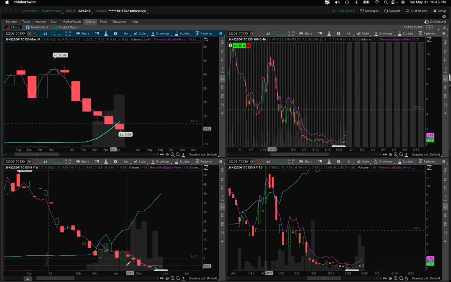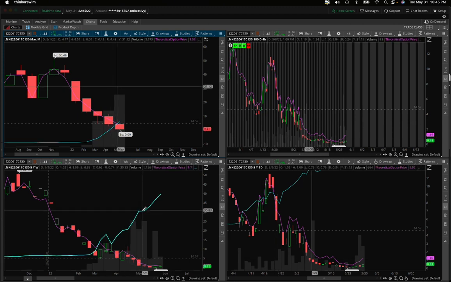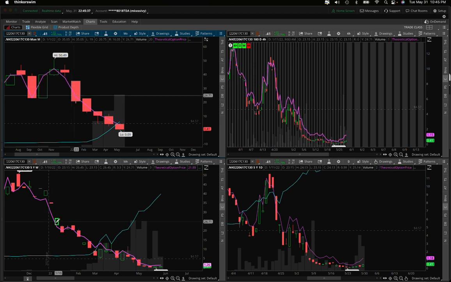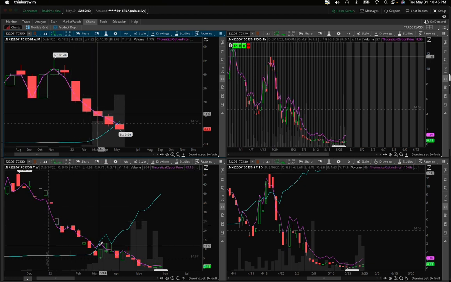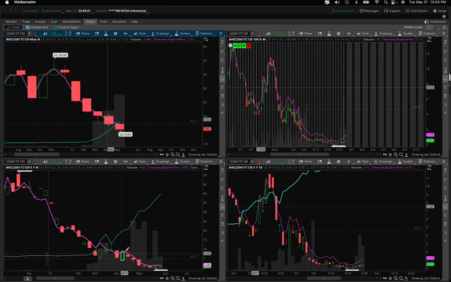Let's look at the week. I hate these lines. This blue line is open interest. That shows you the volume that's in the market for this at the current moment. And then this purple line is theoretical price. So it tells you hypothetically what the price should be. And you can see this is pretty on point with where the price is at. It follows that price action pretty closely.